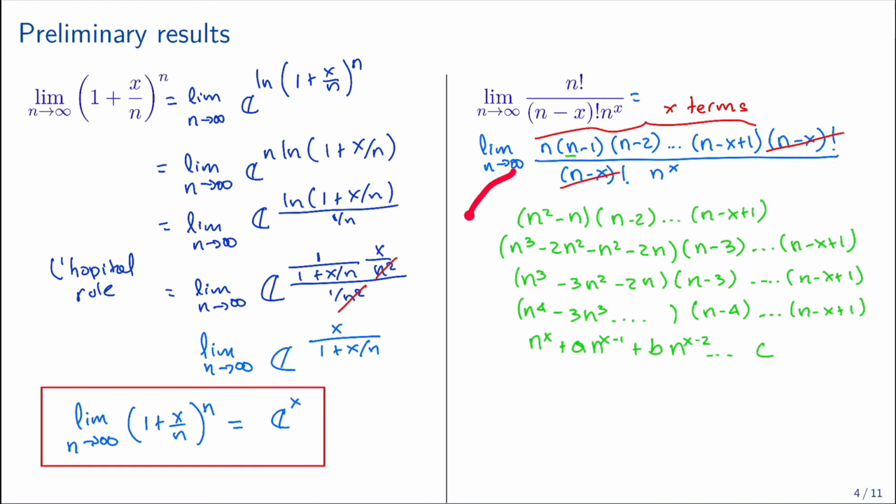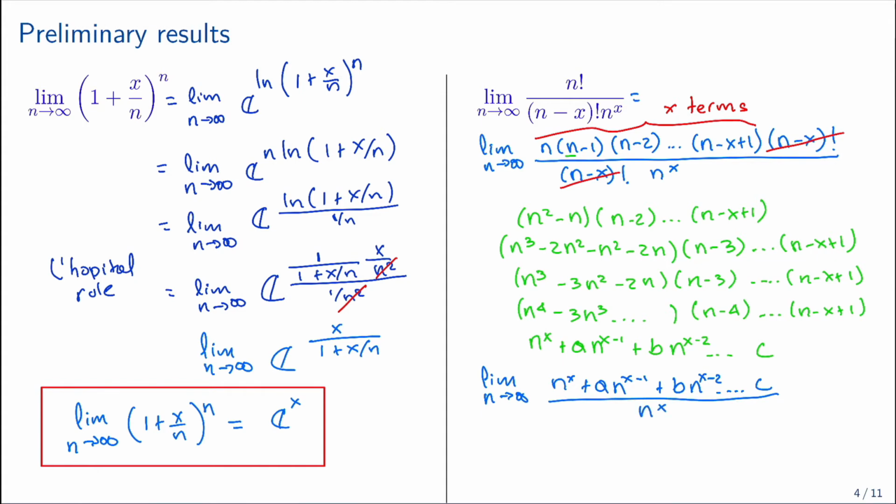So if I go back and replace that in that expression, we have the limit when n approaches infinity of n to the x plus a multiplied by n to the x minus 1 plus b n to the x minus 2, and so forth until we have a constant c, and in the denominator we have n to the x.